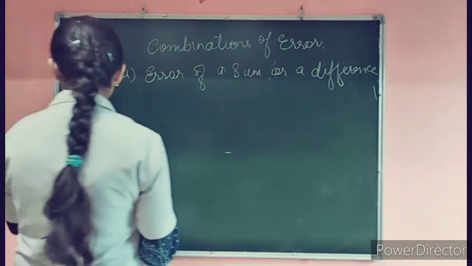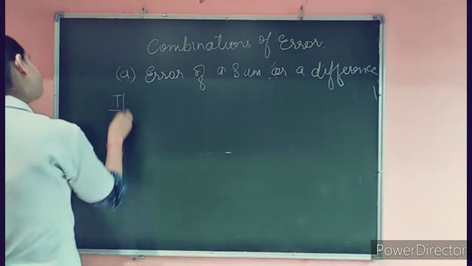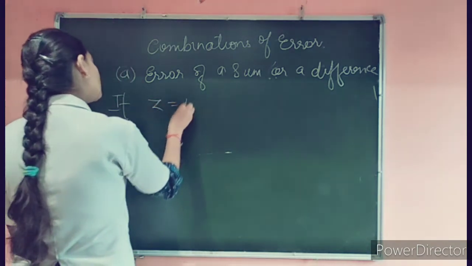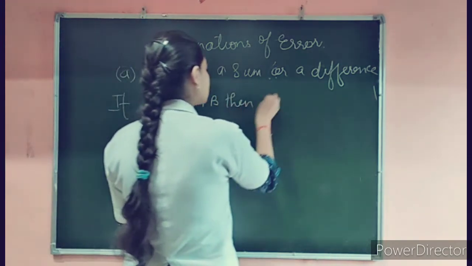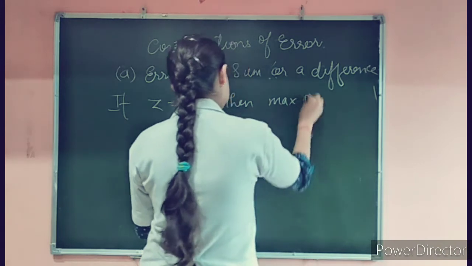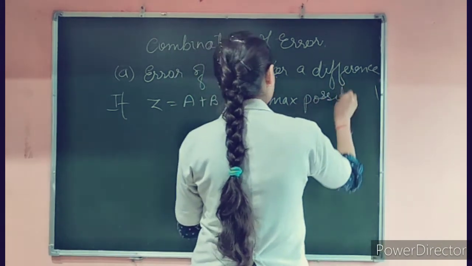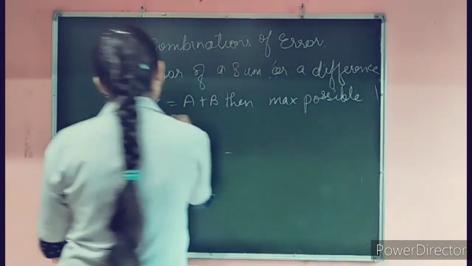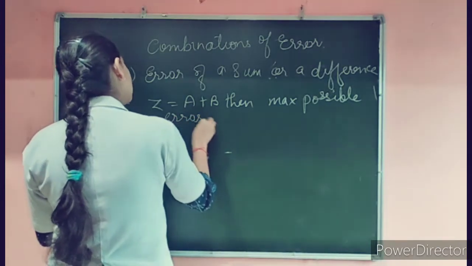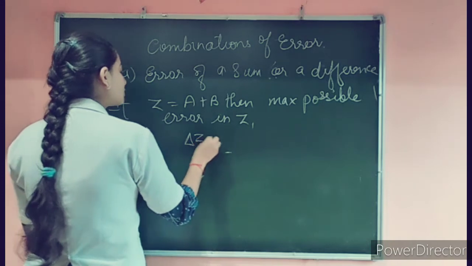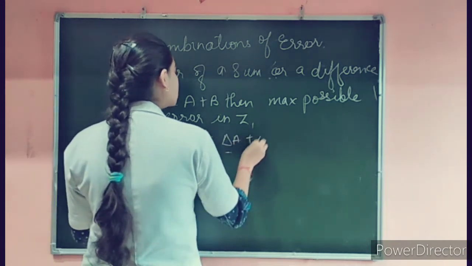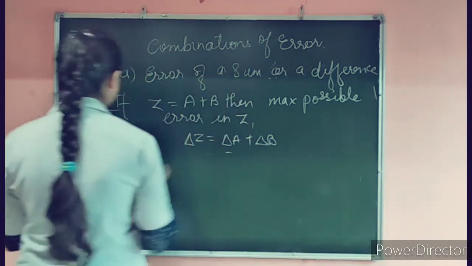Let us take, if z is equal to a plus b, then the maximum possible error in z will be del z is equal to del a plus del b.